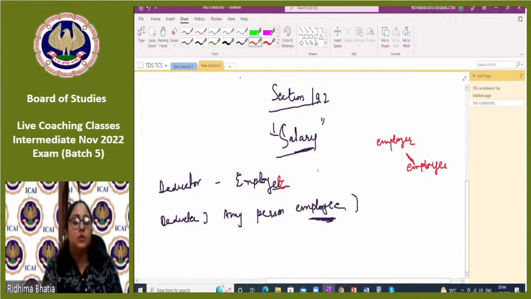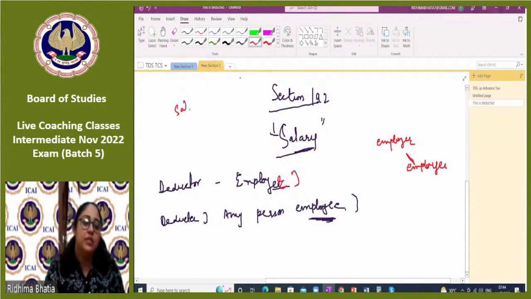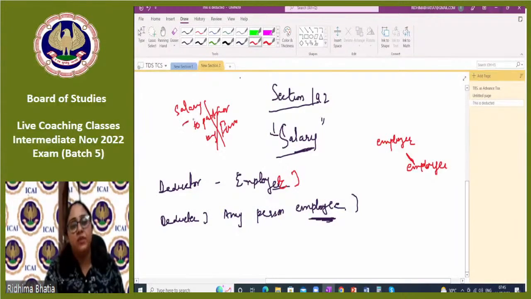So who has to deduct the TDS? Employer. So can I say when a salary is paid to a partner by a firm, will it be covered under this section? No. Why? Even if it is in the nature of salary, first there is no employer-employee relationship, and for a partner, this salary is PGBP income, not salary income.